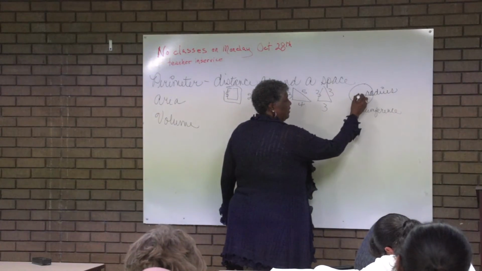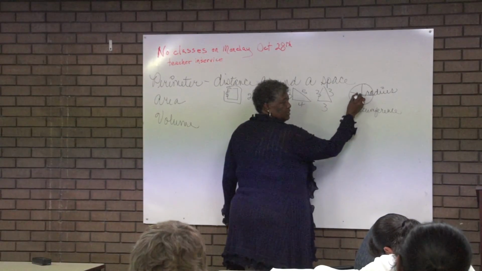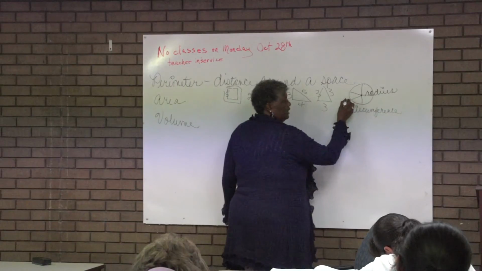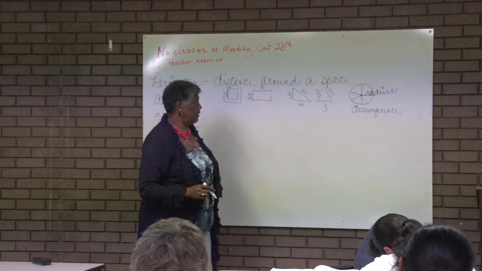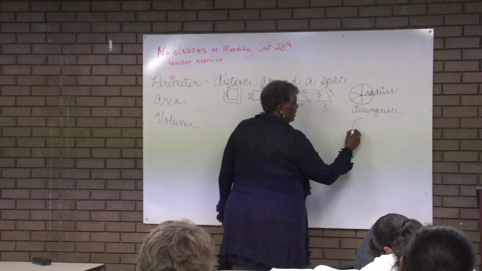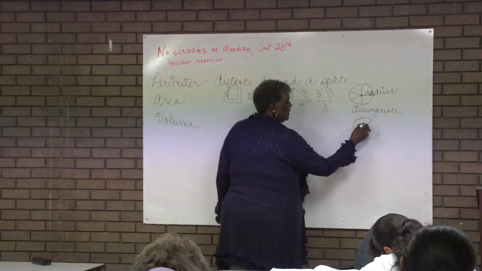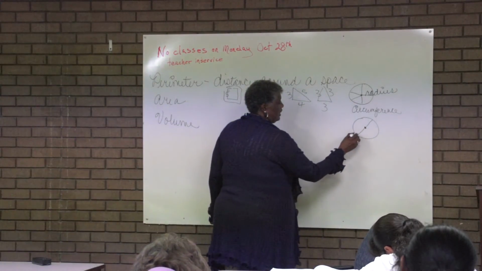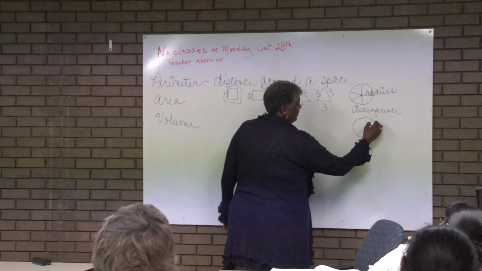Any of these can be a radius. As long as it starts at the center and touches the side, it is a radius. A line that goes through the center of the circle and touches two sides is called a what? Diameter.